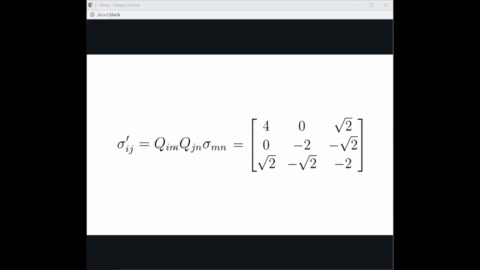The free indices here are I and J, right? So how many equations should I have?